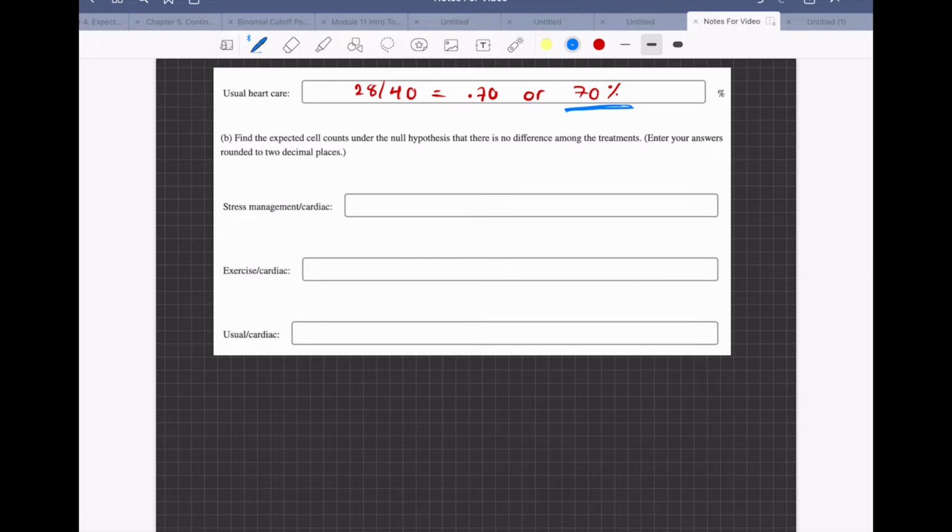Now, find the expected cell counts under the null hypothesis that there is no difference among the treatments. So here, first, the hypotheses. H null: no difference among the three treatments.